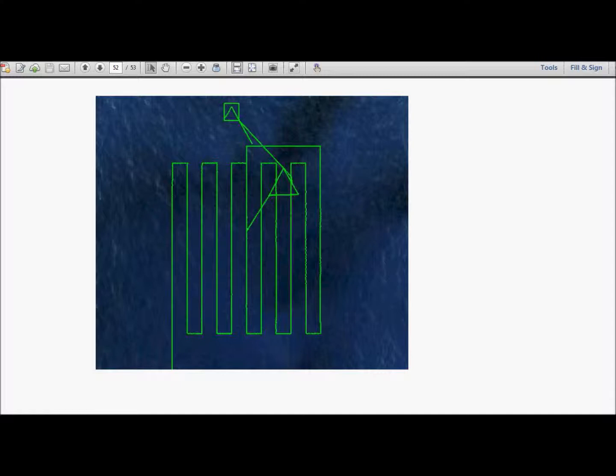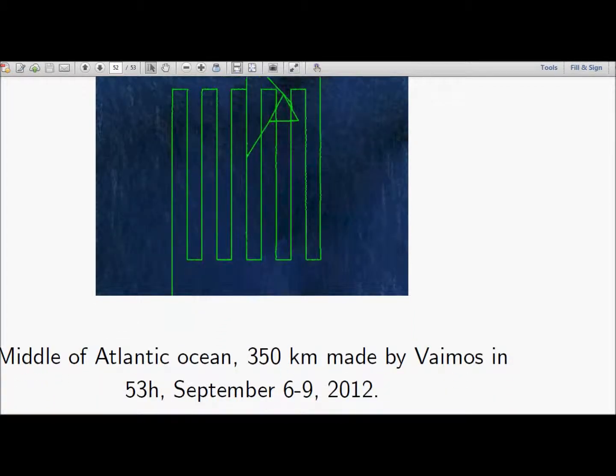At the end of the mission, the Thalassa had to catch back the Vaimos. So to wait for the Thalassa, Vaimos had to do the triangle several times. And after, the captain of the Thalassa changed his mind, and Vaimos had to do some squares inside an area in order to fetch the robot. This trajectory corresponds to 350 kilometers.